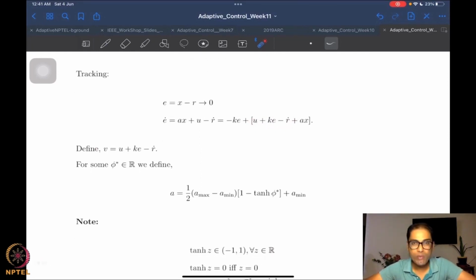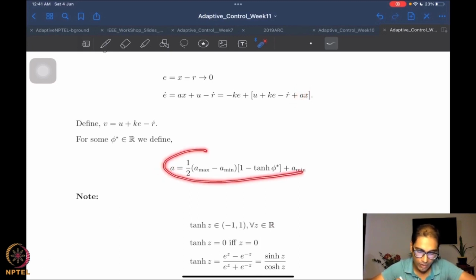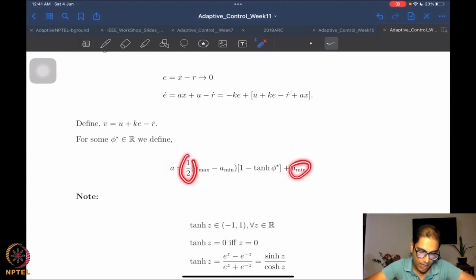Now, how we implement projection is using tan hyperbolic functions. So how do we do that? The unknown quantity A, we claim, can always be written as this sort of an expression. That is, it is a min plus 1/2 a max minus a min times 1 minus tan hyperbolic phi star.